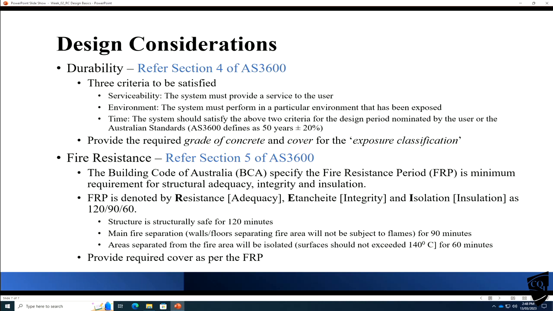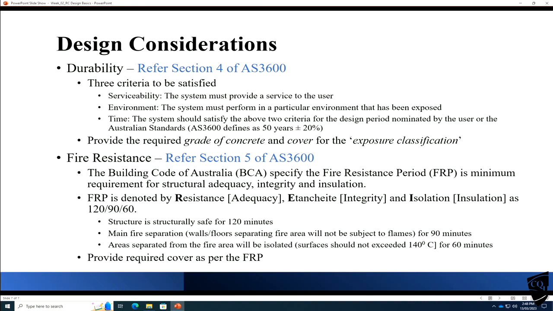So the BCA will give minimum requirements. You should have access to the BCA code through the library website. If you have that, you should be able to explain what these three numbers mean.